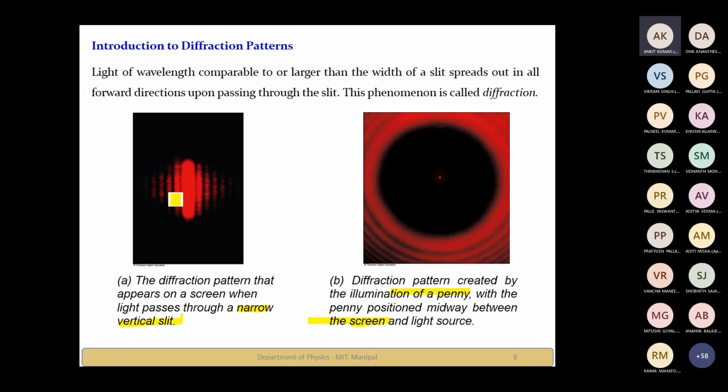But one thing, if you observe carefully, as I was mentioning earlier, if you move away from the central maxima, the intensity keeps on decreasing. You can see here that the intensity is more, then it decreases as you move away from the central maxima. Even in this case also.